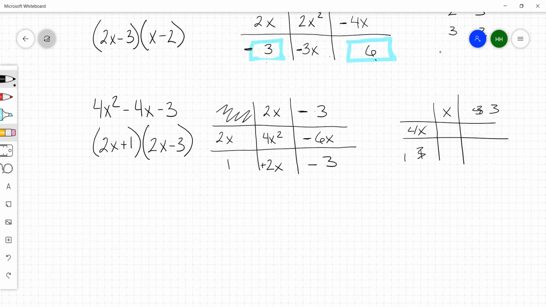You need to go through all of those factors to realize that 4x and x won't work. So you junk the whole 4x and the x, and you go back and do your 2x and your 2x. And you have to find the right combination of numbers and signs to complete your table, which allows you to determine your binomial factors.